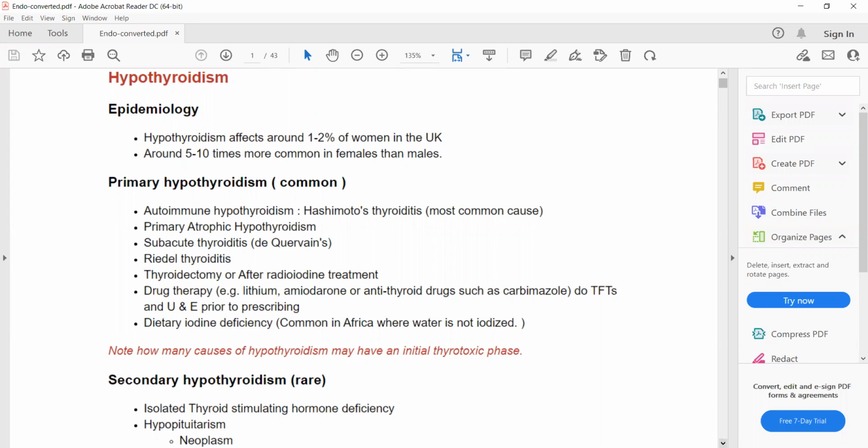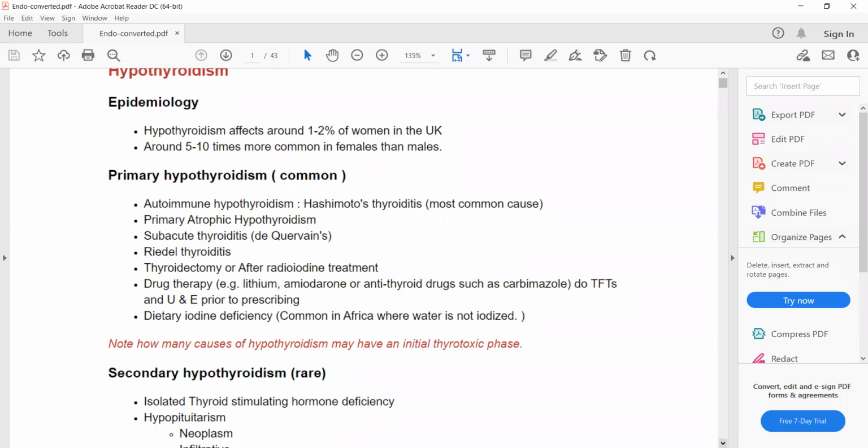So, autoimmune thyroiditis, such as Hashimoto's thyroiditis, is the most common cause of hypothyroidism in developed countries. And dietary iodine deficiency is the most common cause of hypothyroidism in developing countries or underdeveloped countries.